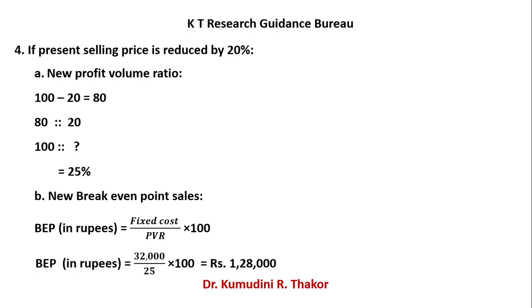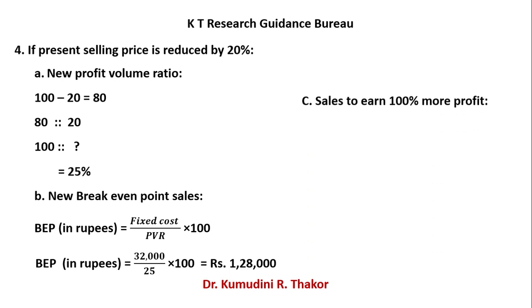So if you reduced the price by 20%, then your new PV ratio will be 25% and your new break-even point is 1,28,000.